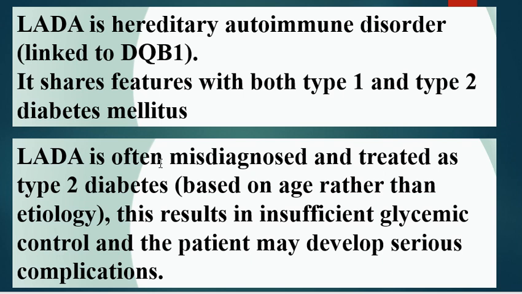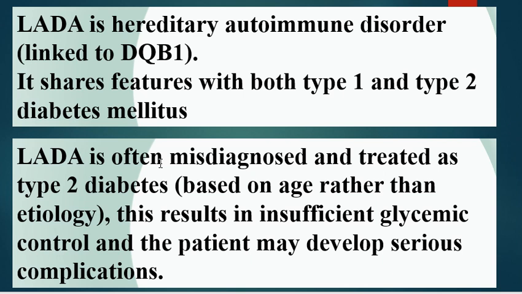So LADA, in some instances, is misdiagnosed and treated as type 2, and this is because the patient usually presents to the casualty at an age, for example, of 40 or 35, above the age of type 1.